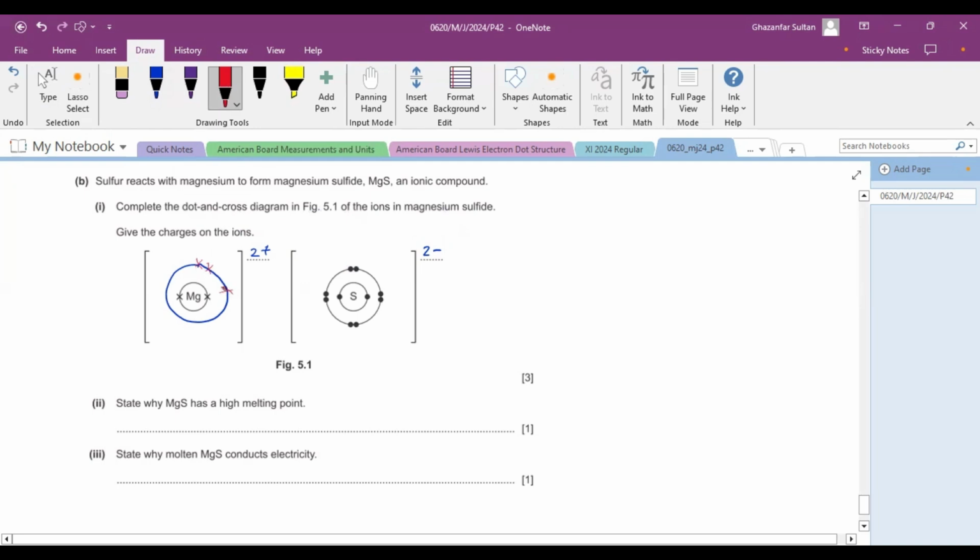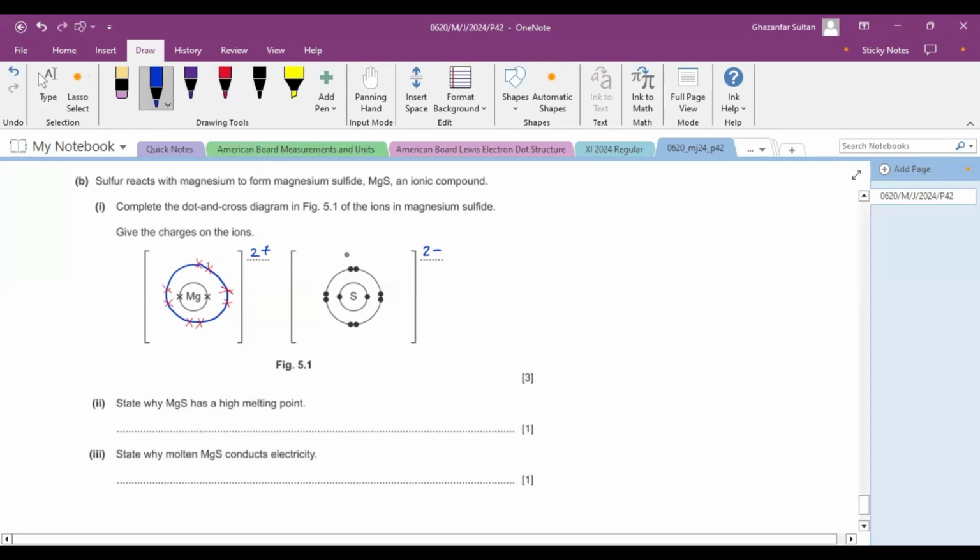It is better to write electrons in pairs, although you can write separately, there would be no mark deduction. So this is the magnesium ion.